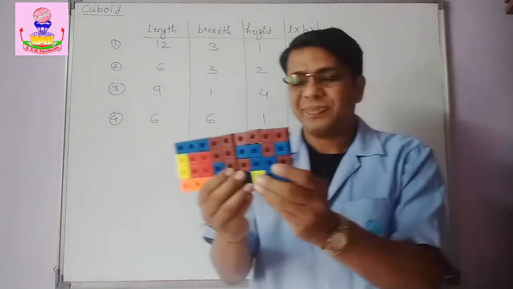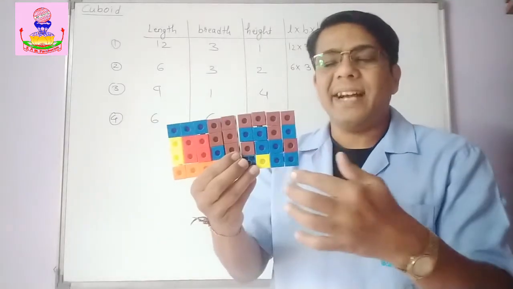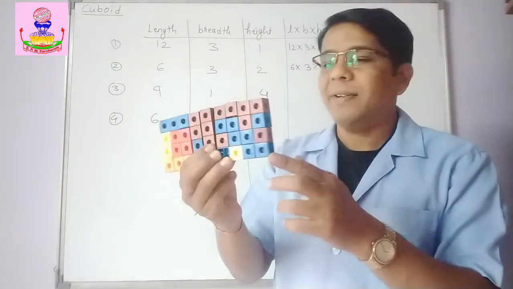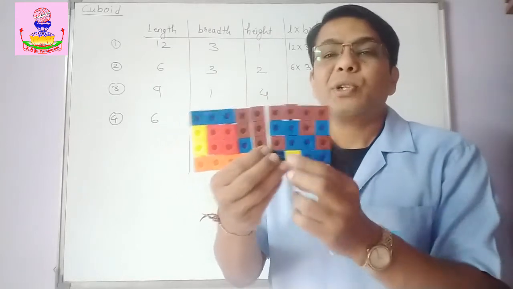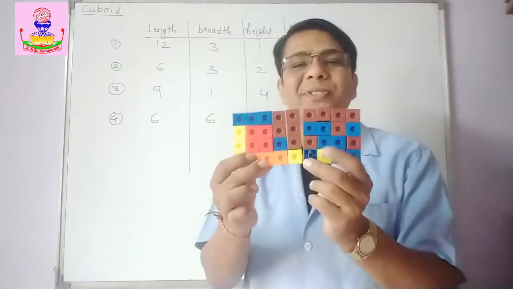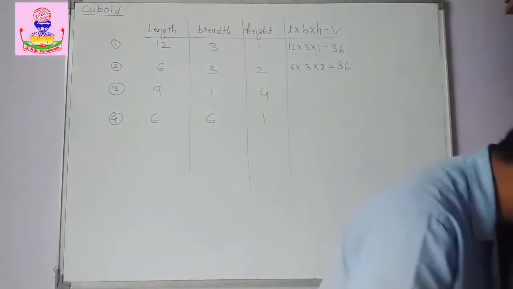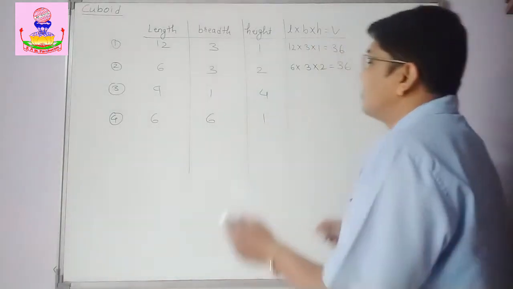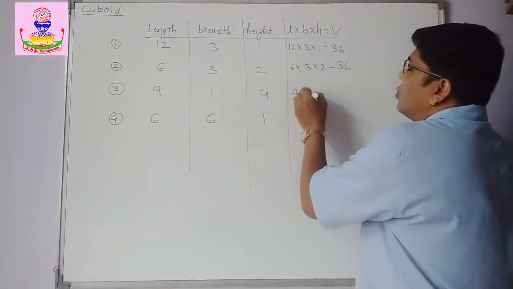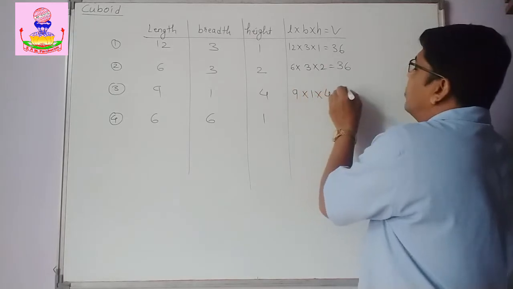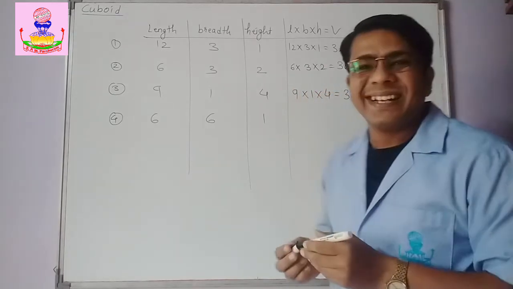Now see, length is 9, breadth is 1, height is 4. Total again 36 cubes. So here again my volume has to be 36. Let us check: 9 into 1 into 4. So 9 4s are 36.